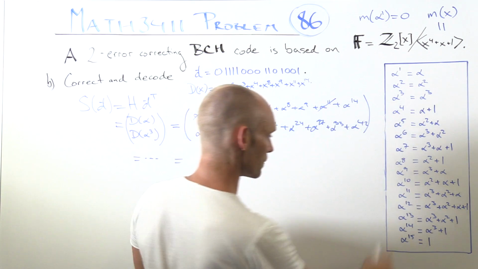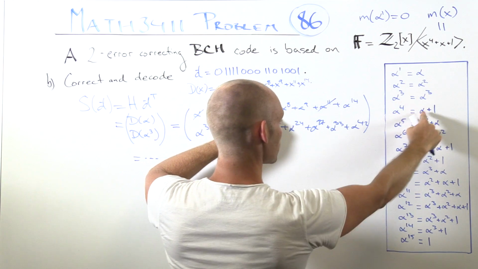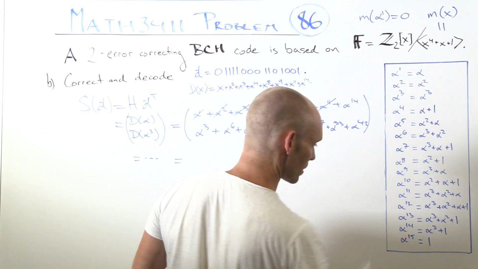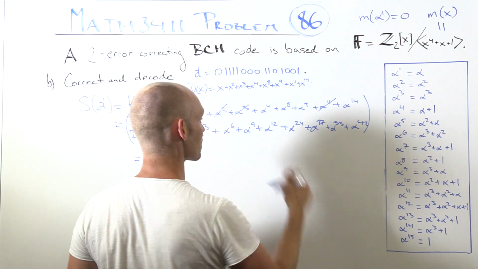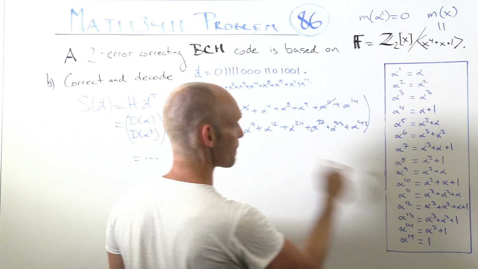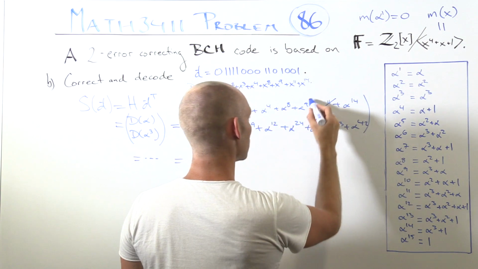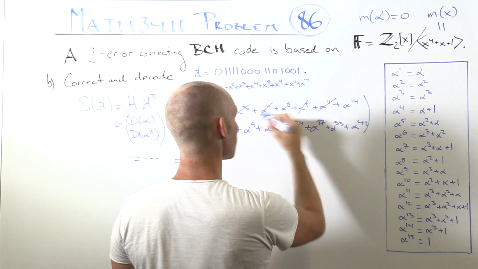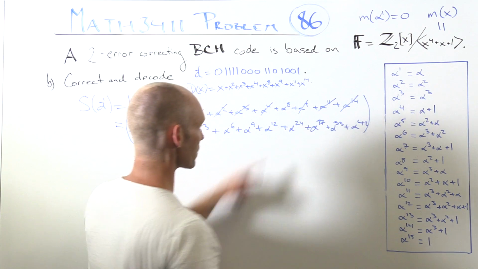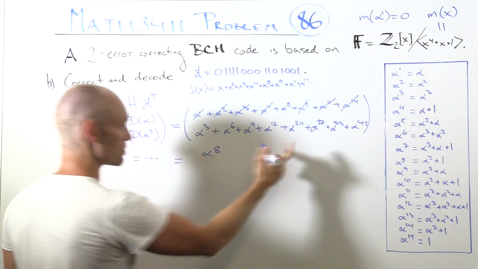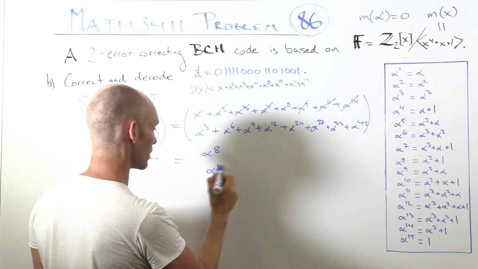Then you, for instance, have alpha to the power of 4 is alpha plus 1. Alpha to the power of 14 is alpha cubed plus 1, so that's alpha cubed plus alpha, which is exactly equal to alpha to the power of 9. And then you're just left with alpha to the power of 8. And if you do something similar here, then you get alpha to the power of 4.